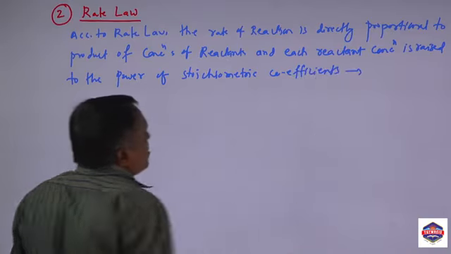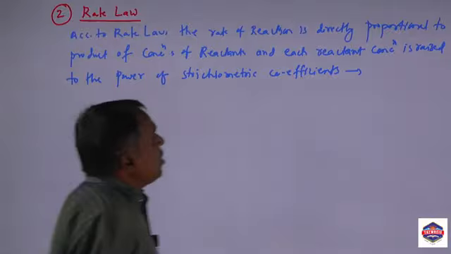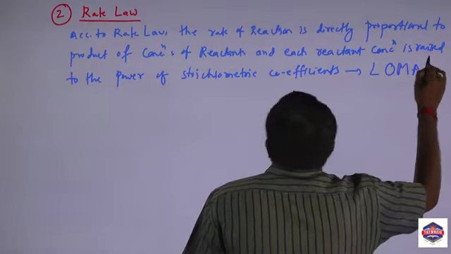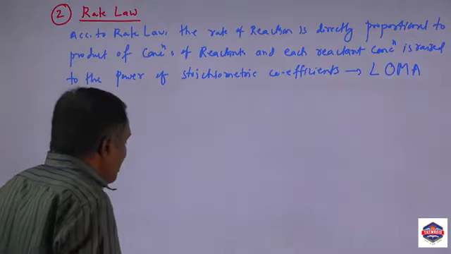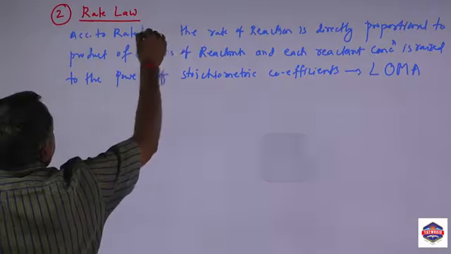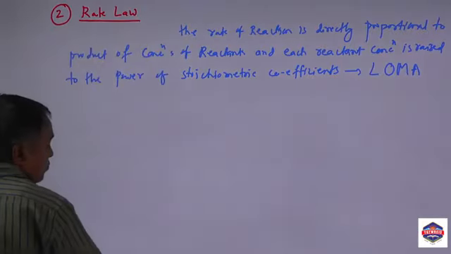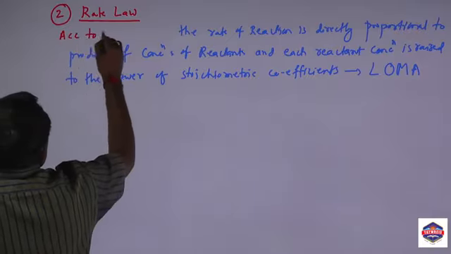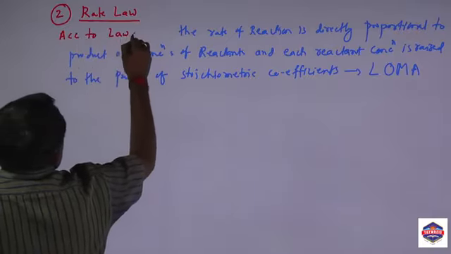This is what now? This is the law of mass action. Actually, this is the law of mass action. According to rate law, what is it now? This is according to the law of mass action.